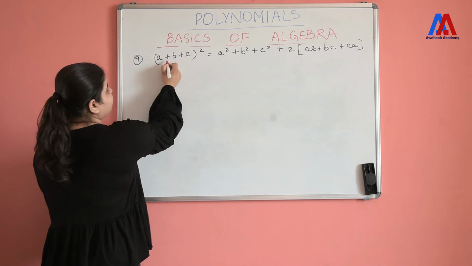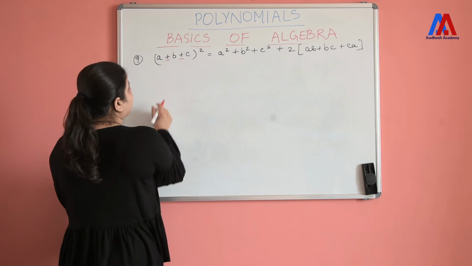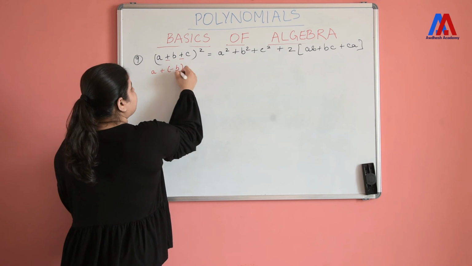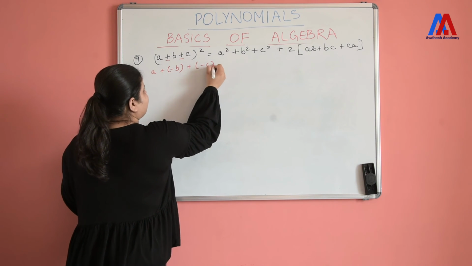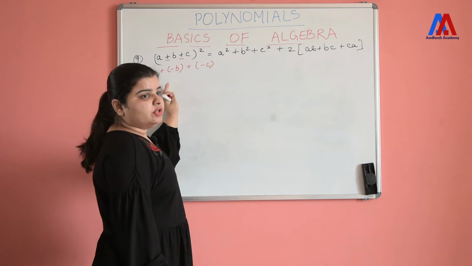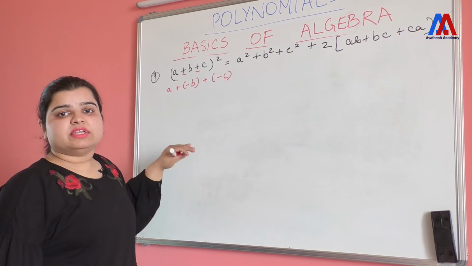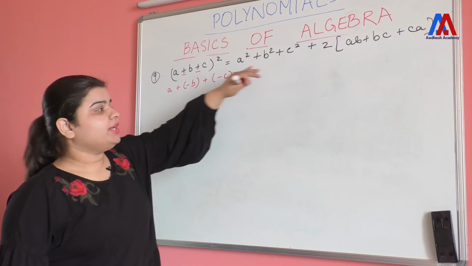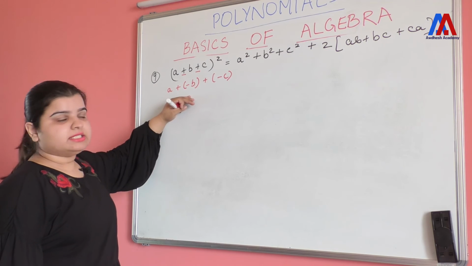In case you have minus here or here, all you can do is write it as a plus minus b and minus c to derive the whole identity in the same way. You don't have to memorize each and every condition of this identity. Just memorize the basic one and you can find the rest of the identities.